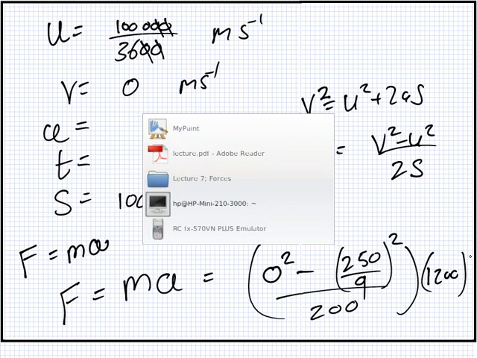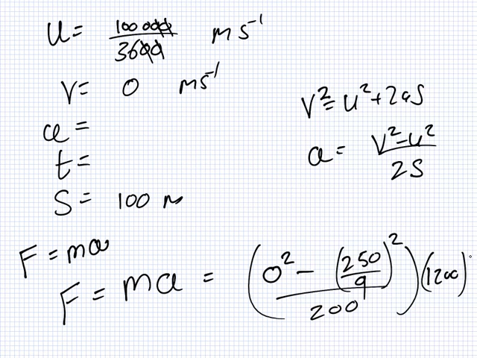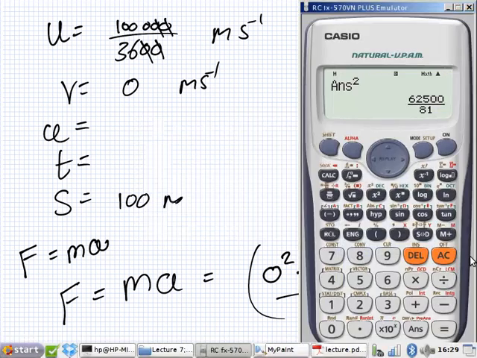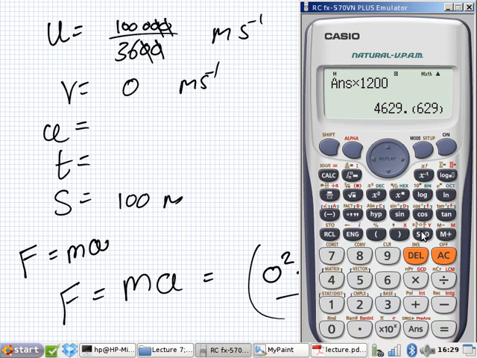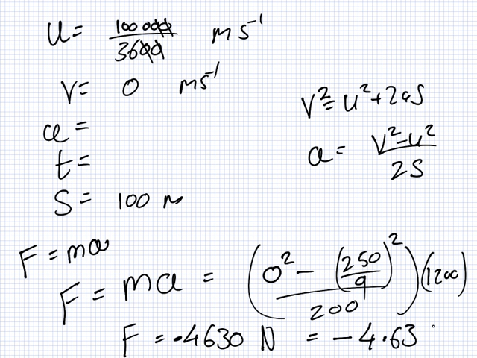Yeah? 1200 kilograms. Should we convert that? Divided by 200. Okay, good. 4629. So 4630, I would say, with a minus. Or, if you want, minus 4.63 kilonewtons.